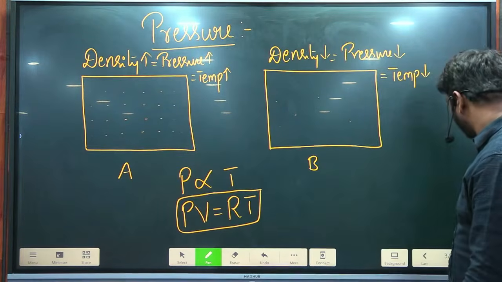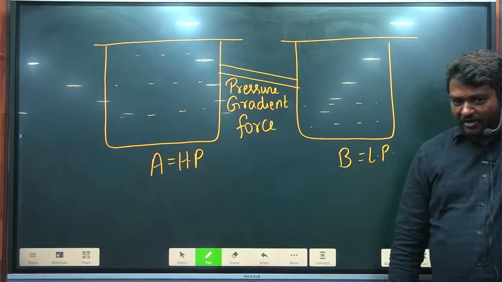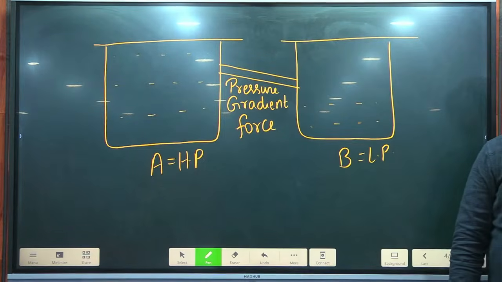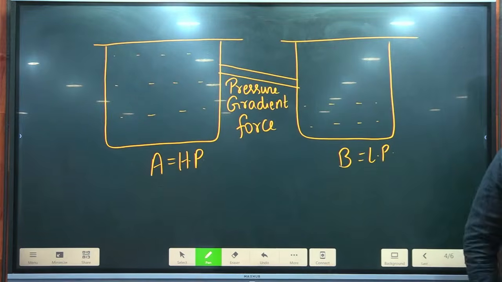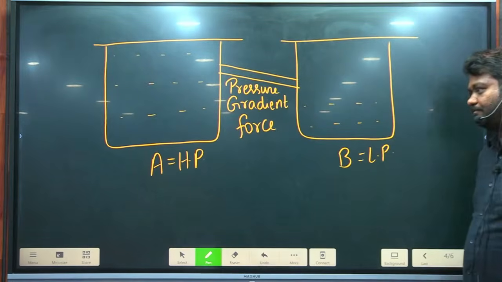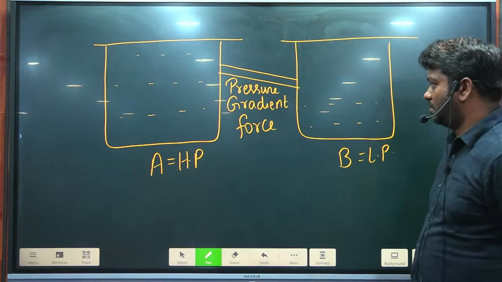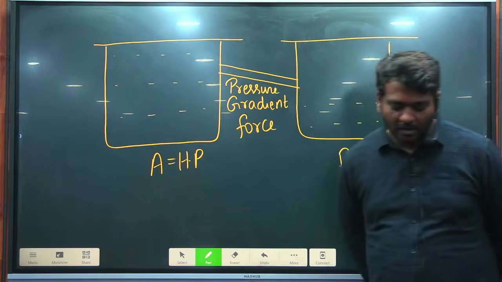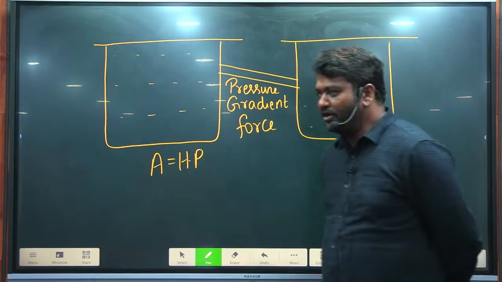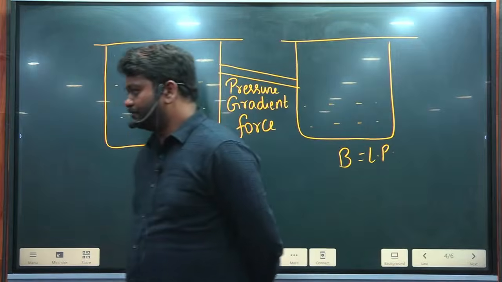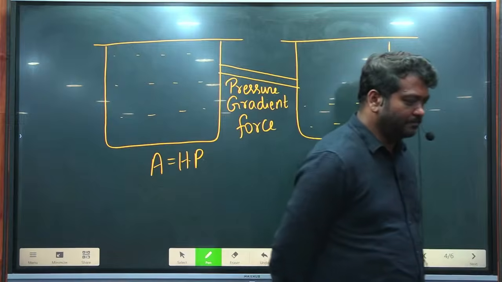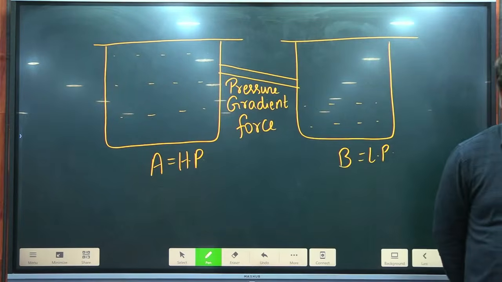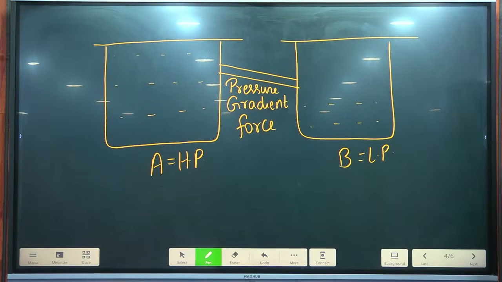Okay, next you write pressure gradient force. Pressure gradient force. Hyphen. Wind always blow from high pressure to low pressure.